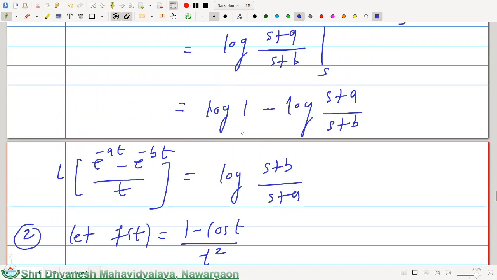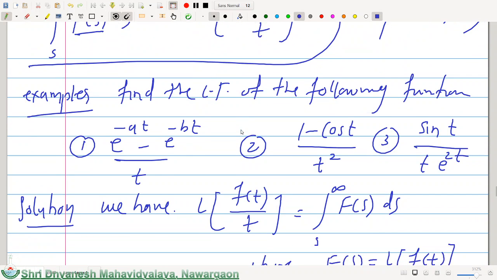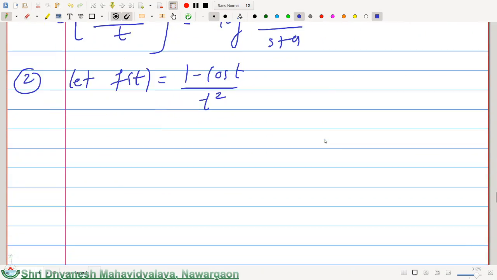See, here in this example we have t square in the denominator, but we have this Laplace transform for a function divided by t only. So you take one t from the denominator into the numerator, and take 1 minus cos t upon t as your function f of t. So that is what we have taken here.